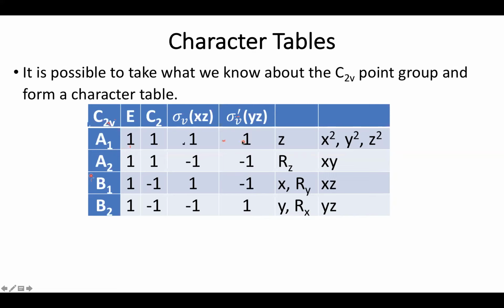It doesn't move. And this is often going to be the irreducible representation which the s orbital on the central atom will behave under, because if I'm on the central atom, it turns out that my s orbital is generally completely symmetric.